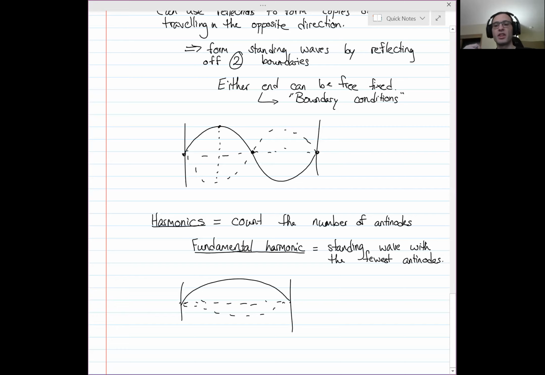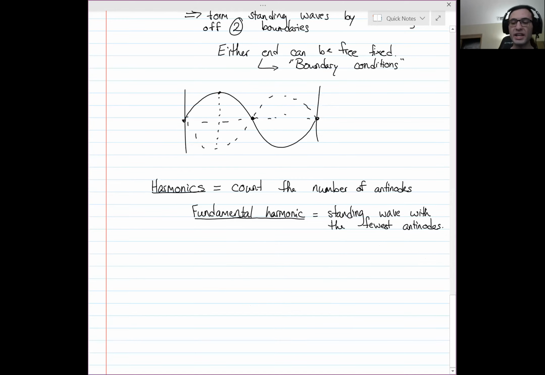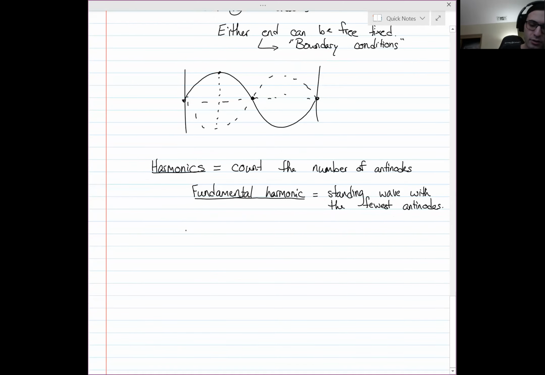And so we can characterize the different standing waves in a system by talking about the harmonic number associated with that standing wave. The way we do that is we just count the number of antinodes in that standing wave. So in particular, the nth harmonic, that is the name that we give to a particular standing wave in a system, is the standing wave with n antinodes.